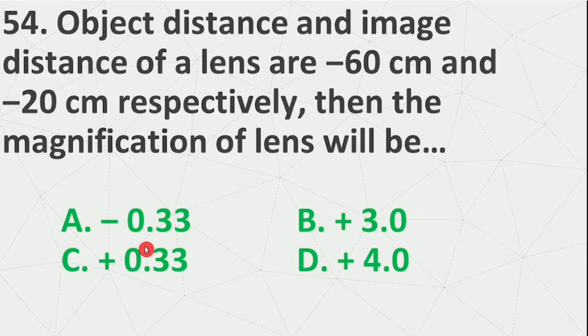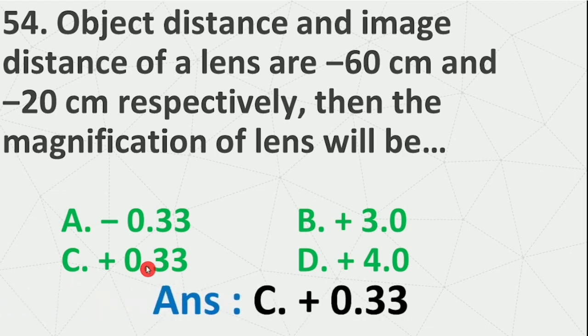M, magnification of a lens, M is equal to U by V. First we should find out the distances. Then by knowing the distances, we can easily find the answer using the magnification formula, M is equal to U by V. We will get the answer option C, plus 0.33. So the answer is option C.